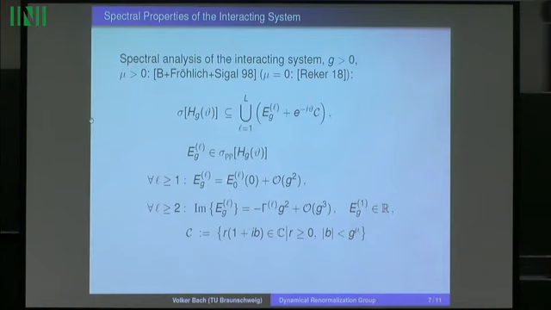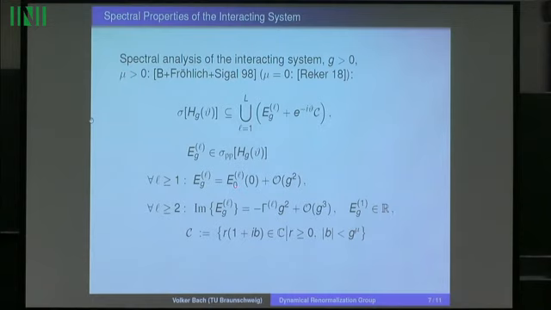So it turns out that all these interacting eigenvalues are, as g tends to 0, continuous in g. They tend to the original unperturbed eigenvalue.